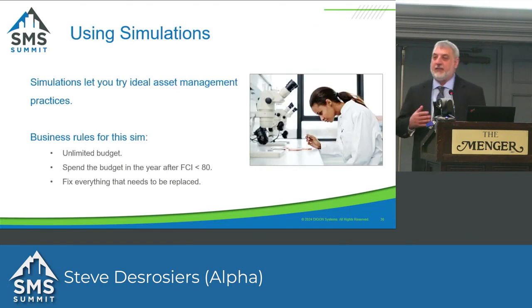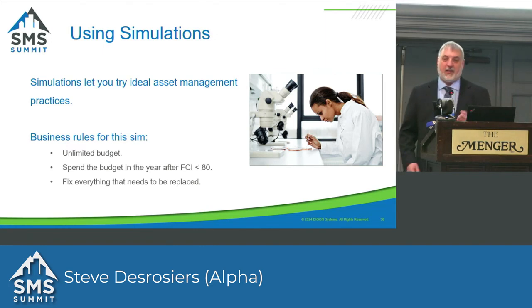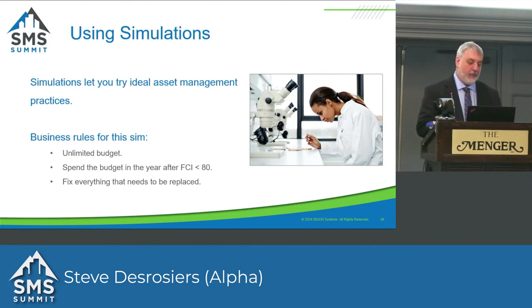Now, simulations are an asset manager's laboratory, right? This is where you get to play what-if games. This is why Builder has scenarios. You get to go in and try different things to see what works for your business process. So the business rules that I'm setting up for this simulation are: we have an unlimited budget.